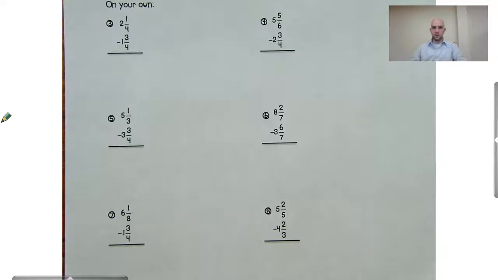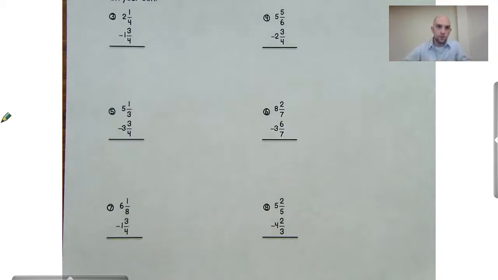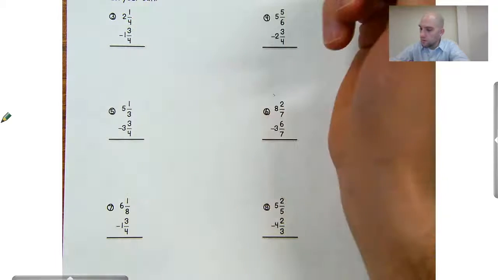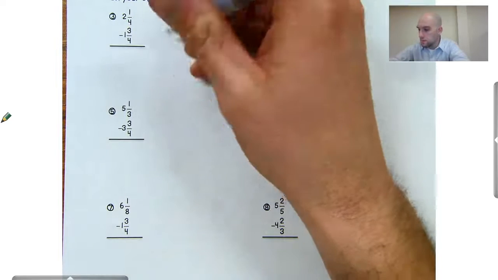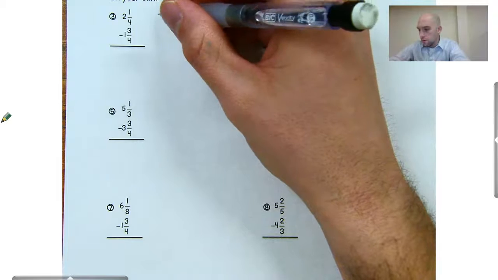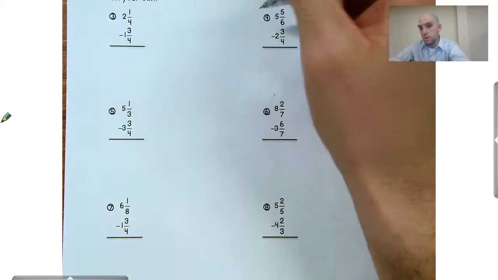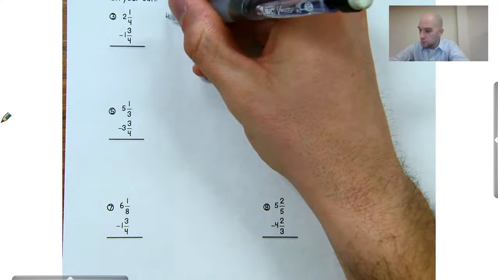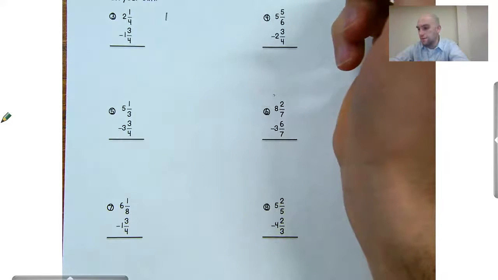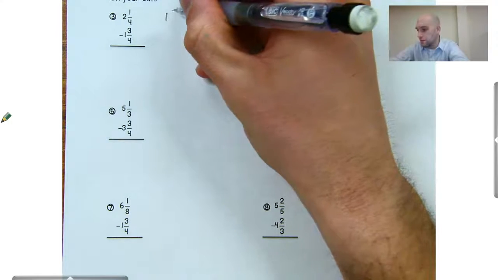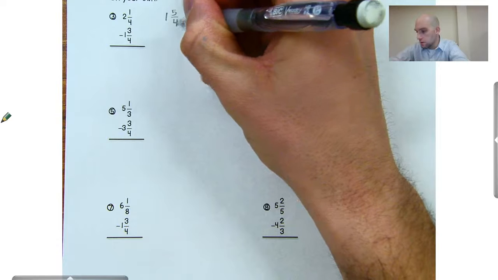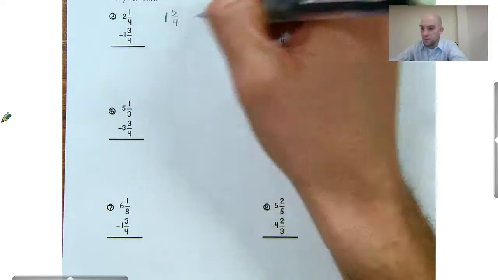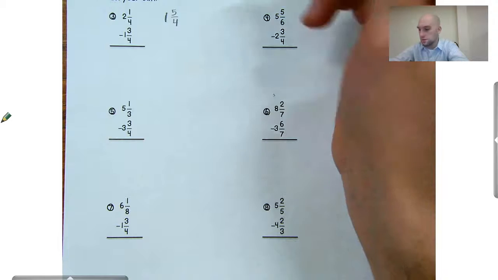All right, next one here, looks like we have 2 and 1/4 minus 1 and 3/4. We have the same denominator. Well, we can't subtract 3/4 from 1/4, so we'll have to turn 2 and 1/4 into 1 and 4/4 plus 1/4, which would be 5/4. 2 and 1/4 is the same as 1 and 5/4.